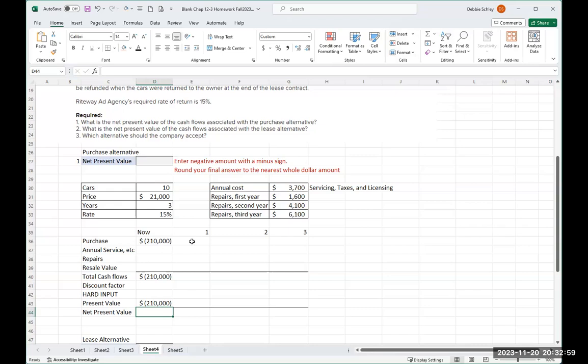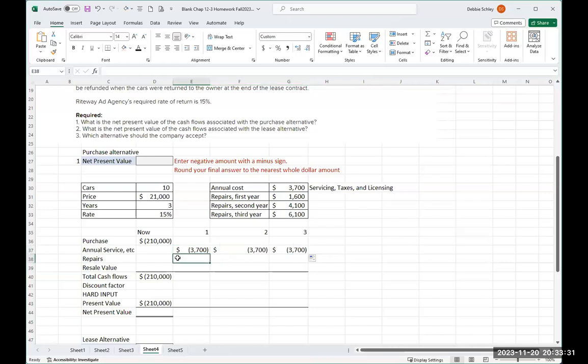Okay. So year 1, annual service. That's a negative, right? So a negative 3,700, and that is an annual cost. And so, whoops, I can drag that across. Whoops, no, I can't because I didn't anchor it. Try that again. Anchor this cell. Now I can drag it across.